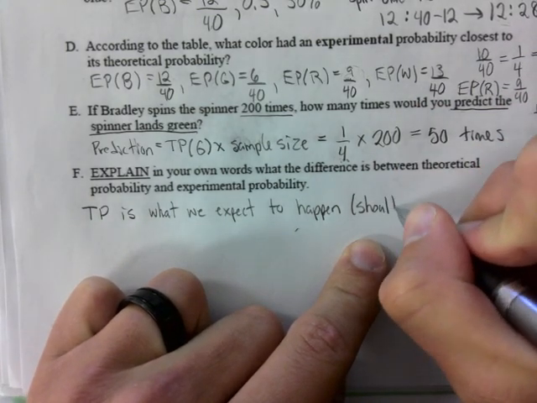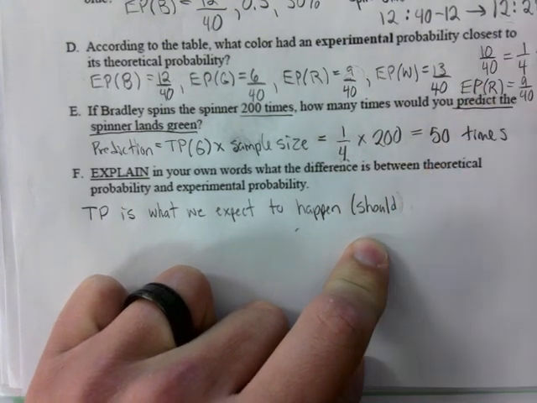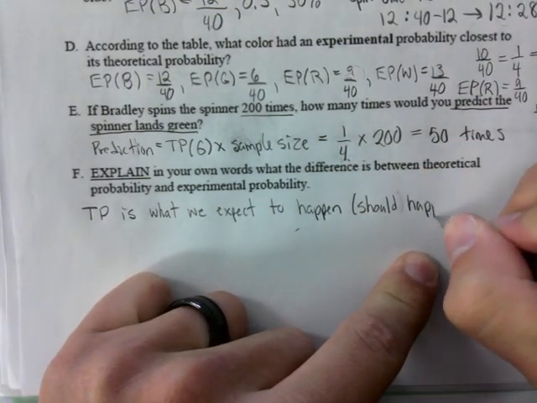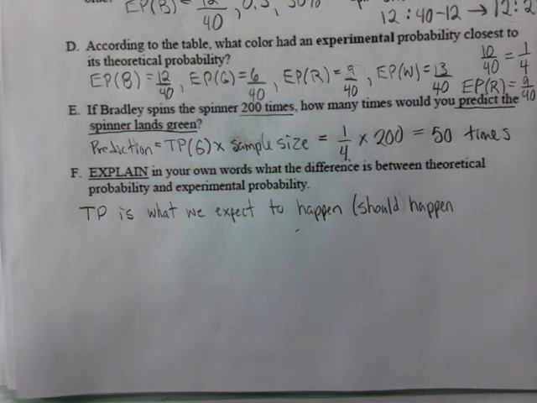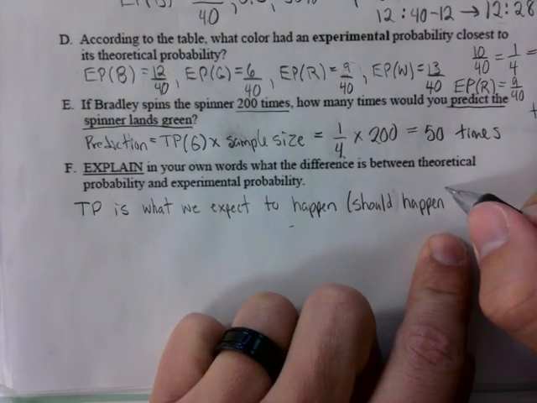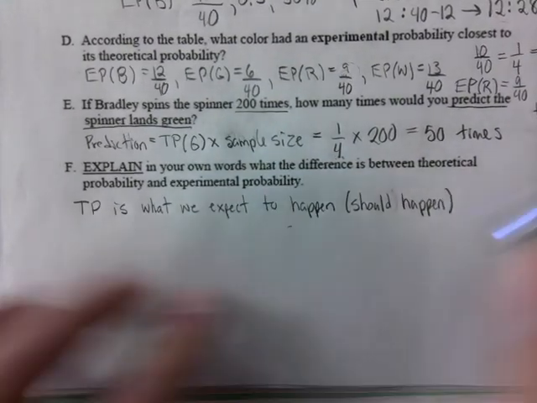If we flip a coin, we expect there's a 50% chance that it lands on heads or on tails. So if we flip a coin twice, we would predict that one time it would land on heads and one time on tails. That's what should happen.